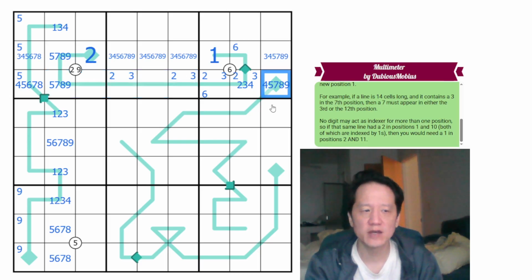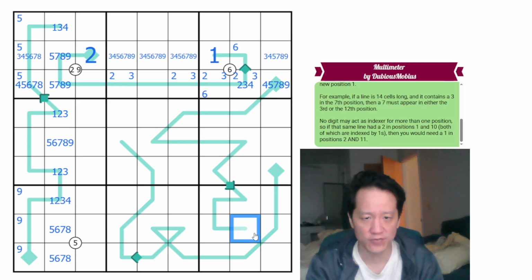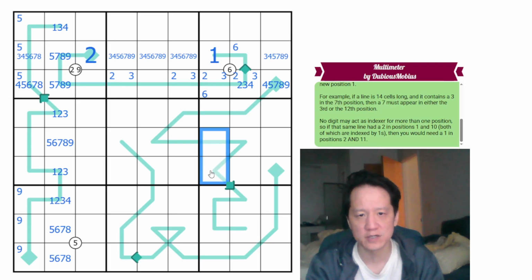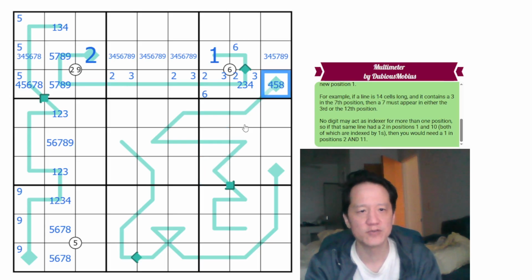So this is saying that a 1 has to be in the 4th, the 5th, the 7th, 8th, and 9th positions. But it cannot be 7 or 9 because those are the only 2. It could be 4 here. That's fine. But in the 7th or 9th positions, we have a problem, right? It would have to be in one of these 2 spots then. But that's not allowed. So this cannot be 7 or 9.